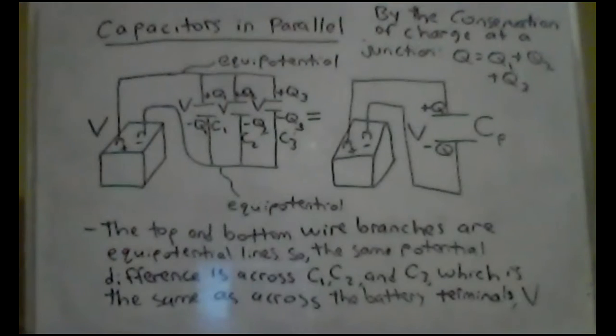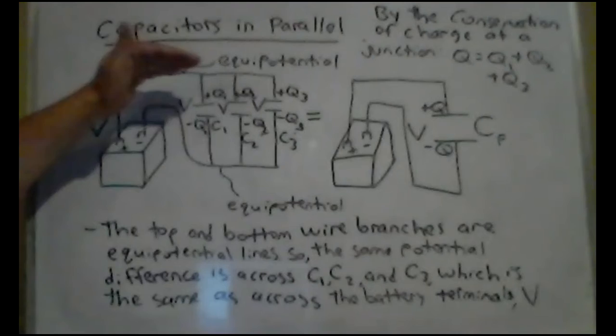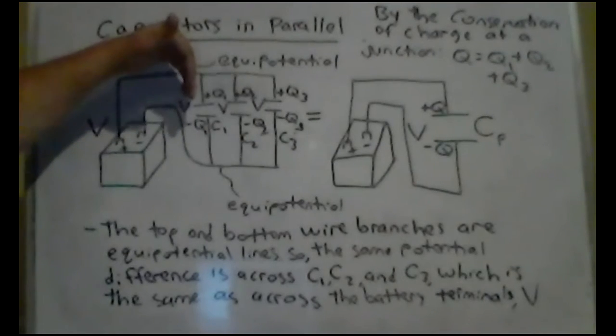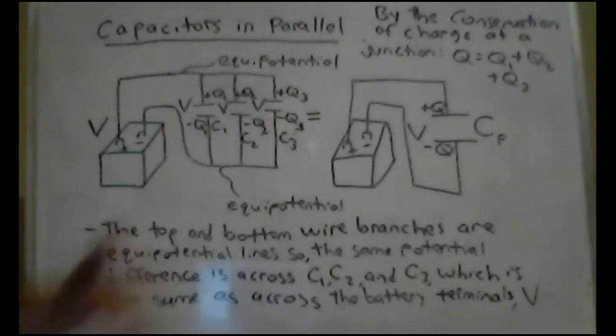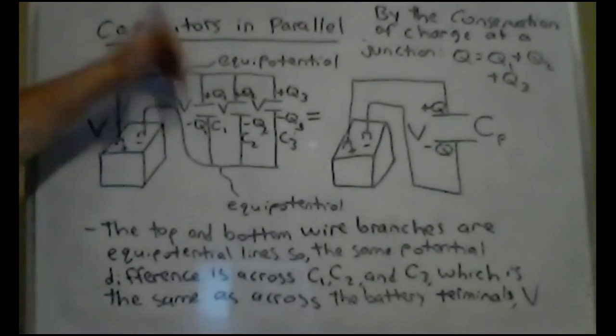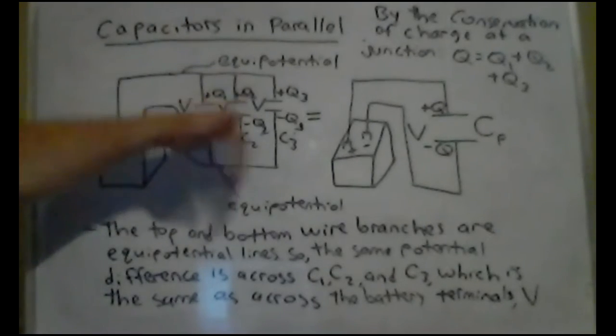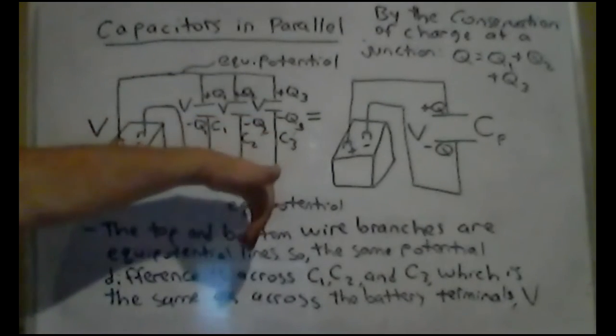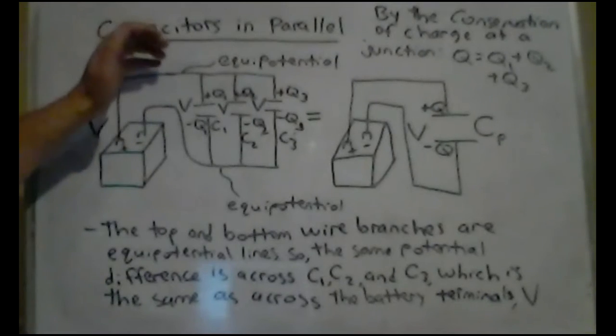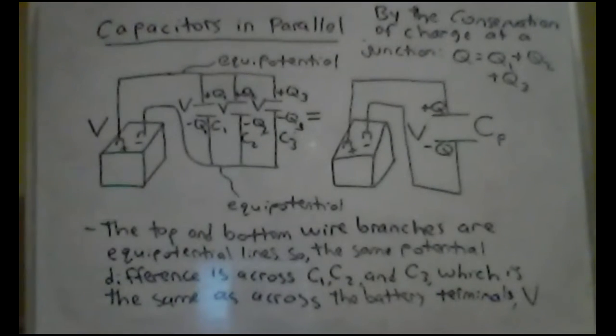Again, this will become even more understandable when we have current flowing in. The current will have to make a decision. Do I go here, here, or here? There's three different branches. So much charge is going to go to capacitor C1, so much charge to capacitor C2, so much charge to capacitor C3, but the total charge, let's say right here, would be capital Q. So again, there has to be a decision made at a junction so they separate themselves out.